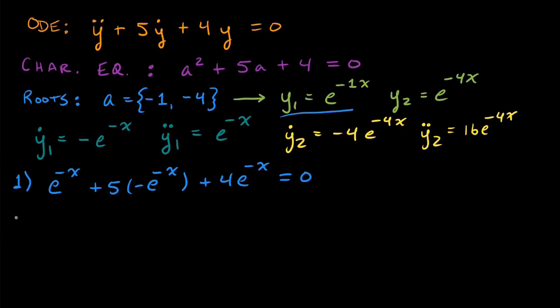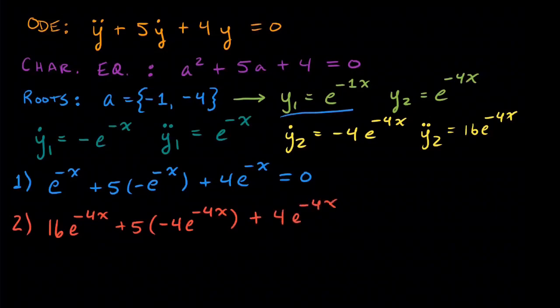Right, so let's look at number 2. For solution 2, I have the second derivative, 16 e to the negative 4x, plus 5 times the first derivative, which is negative 4 e to the negative 4x, and then plus 4 e to the negative 4x.